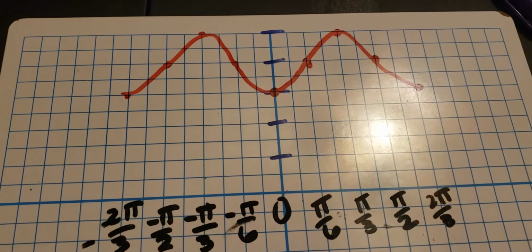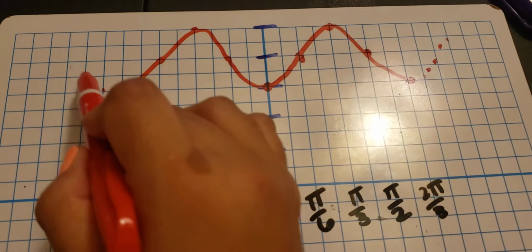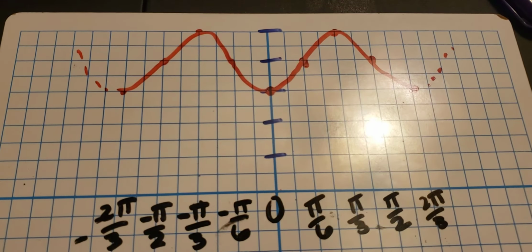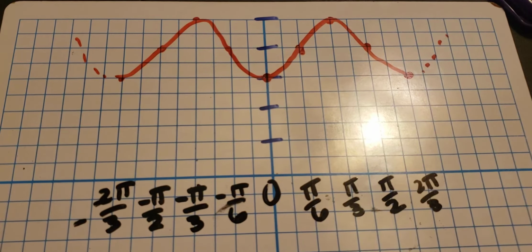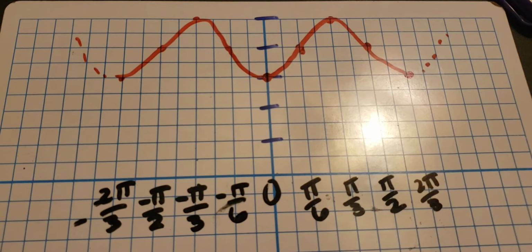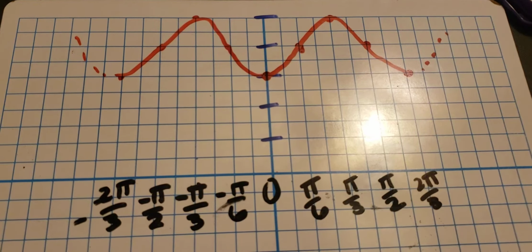If they want 2 cycles, it'll look something like this. You can do dot, dot, dot because it's going to be continuous, but this would be 2 cycles. Now remember, I basically got all of that without even graphing on my calculator. I don't really need a calculator.